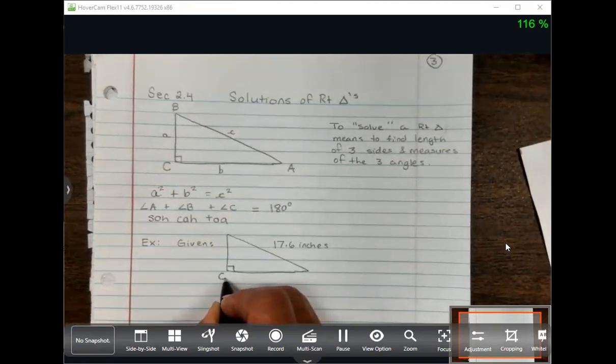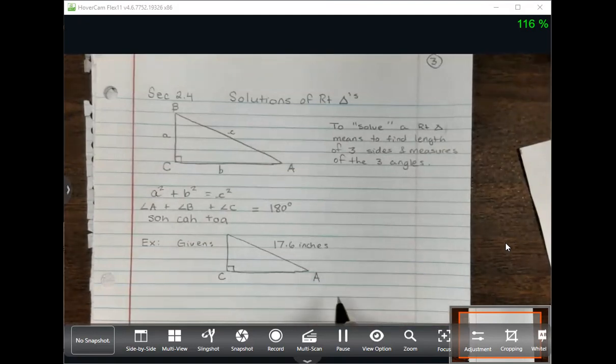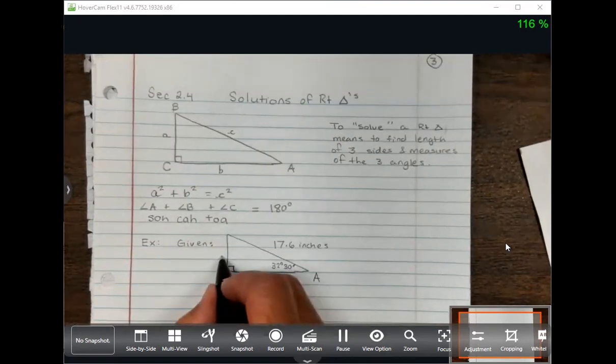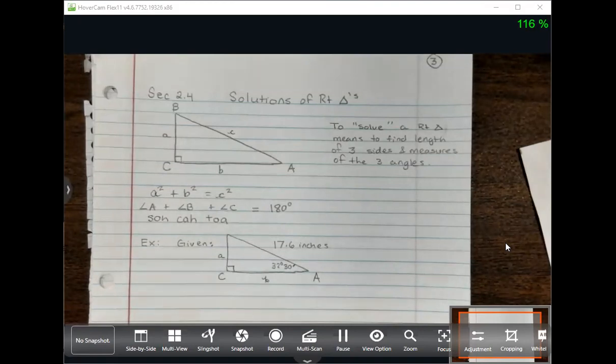There's our right angle at angle C. I'm going to give you angle A is 32 degrees, 30 minutes. And the rest is up to you. Find the length of side A, find the length of side B, find the measure of angle B.